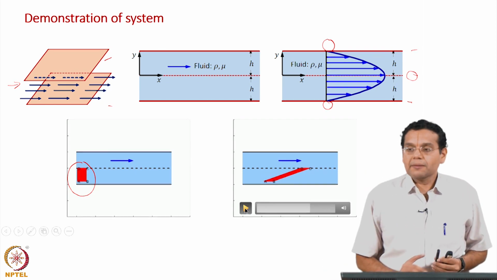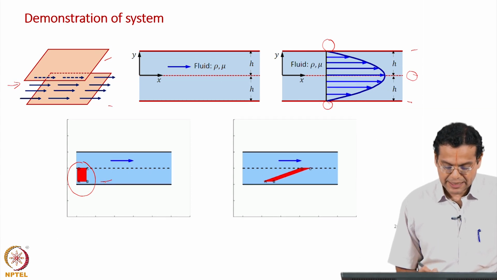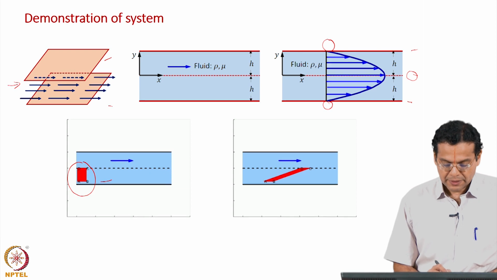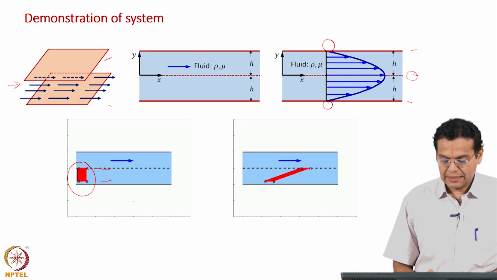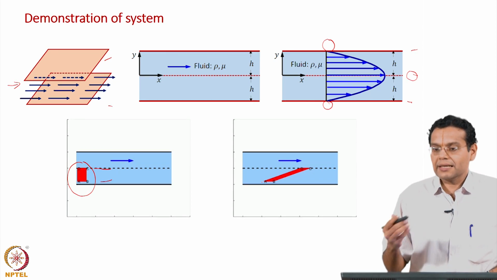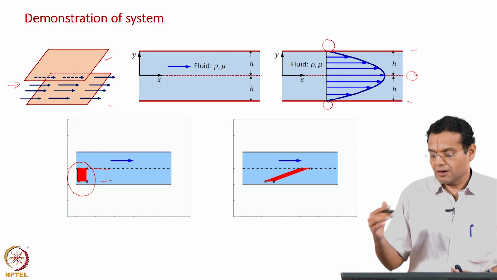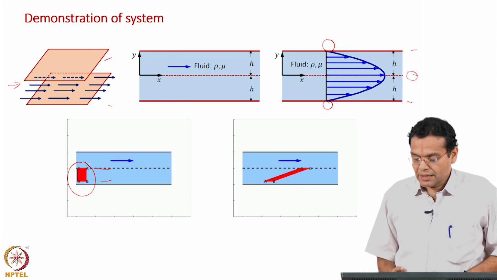Okay. What has happened now? These fluid particles which are nearer the wall have a lower velocity. These fluid particles which are near the center have a higher velocity. So, unlike the earlier case, in the earlier case the particles along AB were just stationary, and the particles along CD alone were moving because of the contact with the plate.